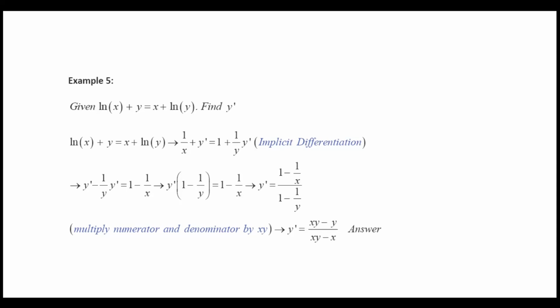So let's multiply the numerator by x times y. When we do, x times y times 1 is x times y, and xy times 1 over x, the x is canceled, leaving us with just y. Now multiply the denominator by x times y. When you multiply 1 times xy, you get xy, and when you multiply 1 over y times xy, you get negative x.